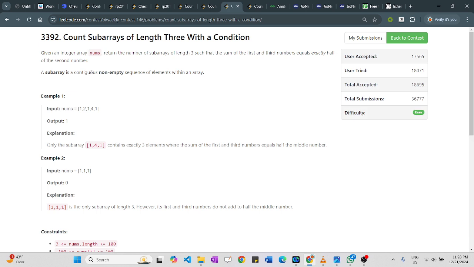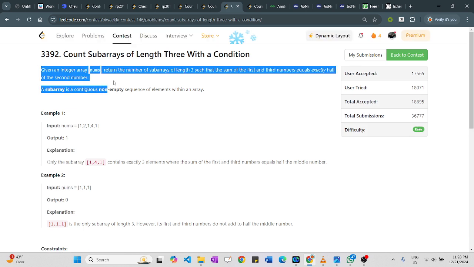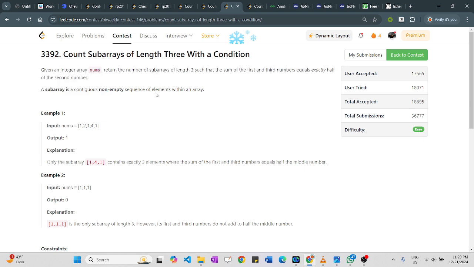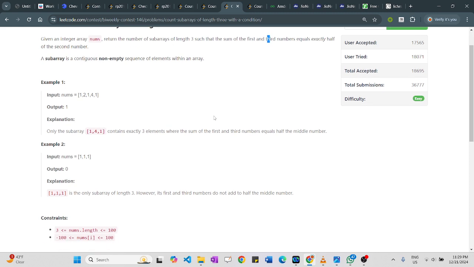The first one is a very easy question. We'll have to select a subarray of length 3 such that the sum of the first and third elements is equal to half of the middle one.